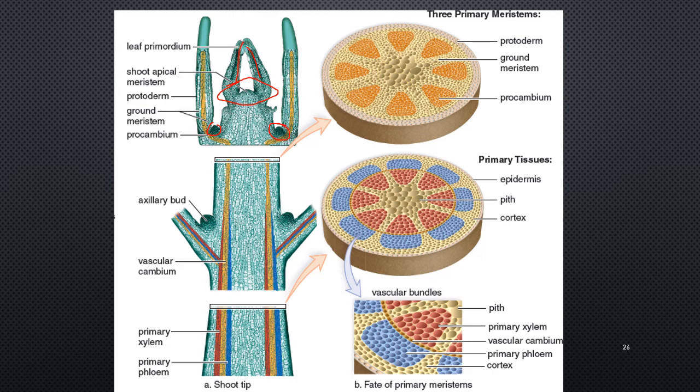Our ground meristem right here, that is what produces the pith and the cortex. So something new is this center section of the dicot stem has a pith. So this is not to be confused with our monocot root has a pith.